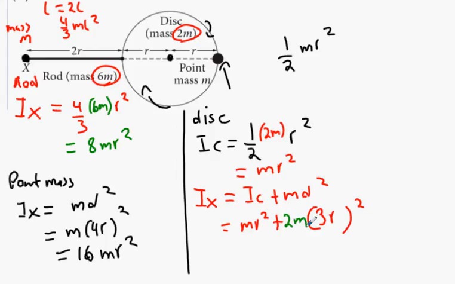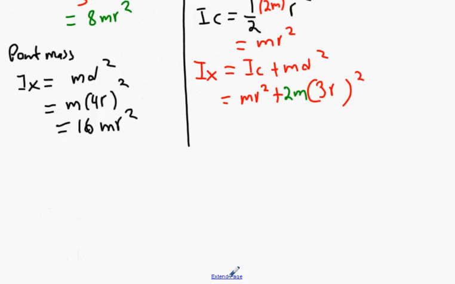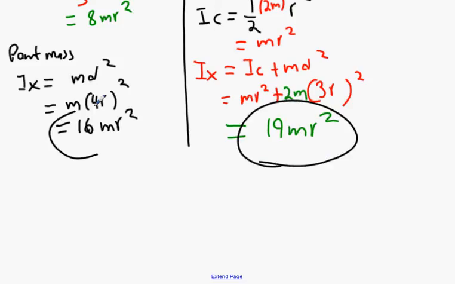So it's going to be 2m times 3r squared. Add them together: 18 mr squared plus mr squared gives me 19 mr squared. Finally, total is my disk combined with my point mass combined with my rod. 8 plus 16 gives me 24. 24 plus 19? How much? 43 mr squared.